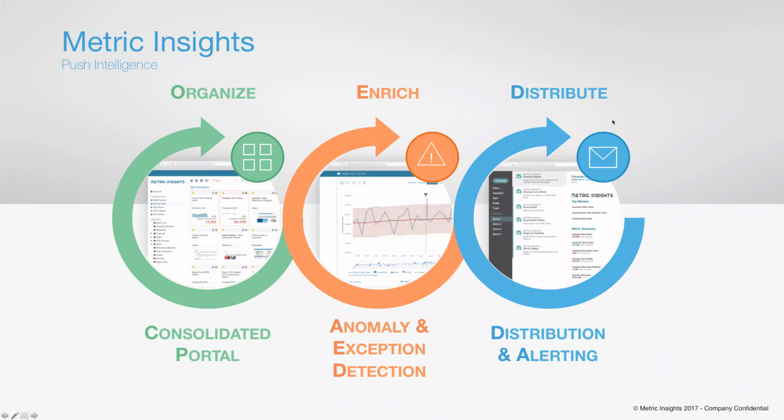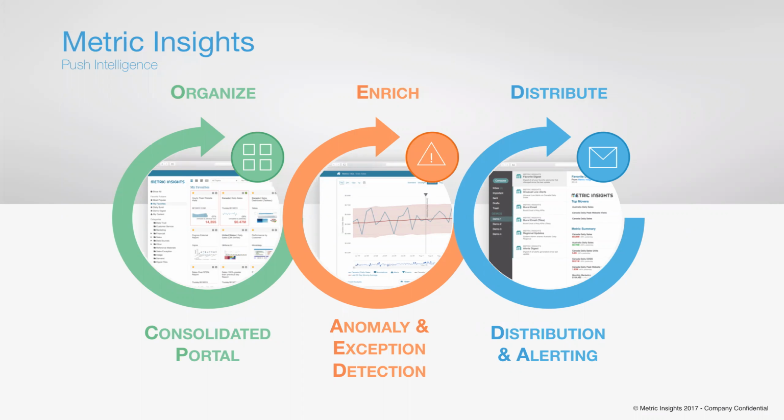So, just to set the ground here, and again, for those customers or people who've been on previous webinars, this is nothing new to you, but the platform that Metric Insights sells really falls into sort of three categories of functionality.